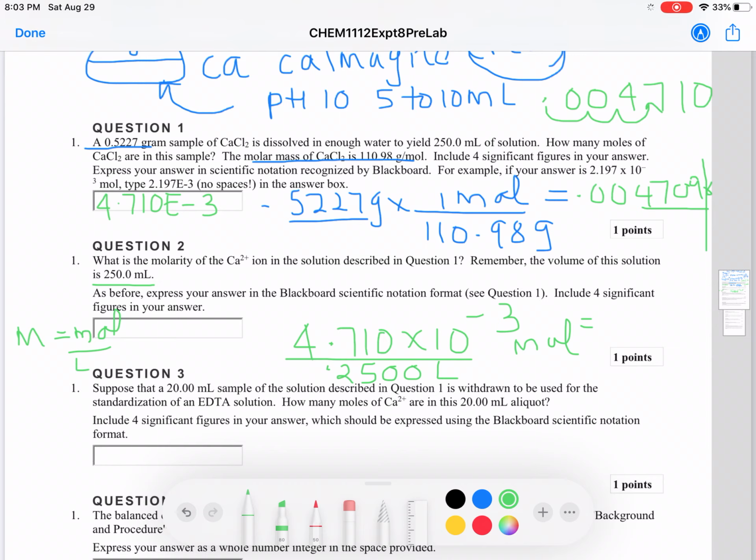What did you get? 0.01884. 1, 2, 3, 4. So I have 4 significant figures right there. Okay, so you can write your answer in the box provided.